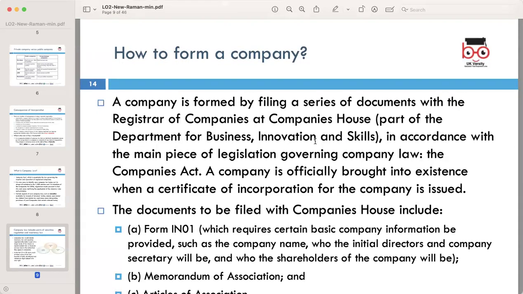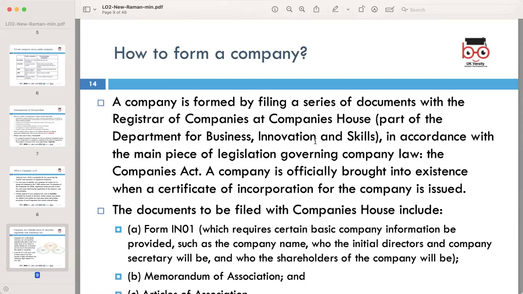This process is guided by the Companies Act, and they get a certificate of incorporation officially establishing the company.